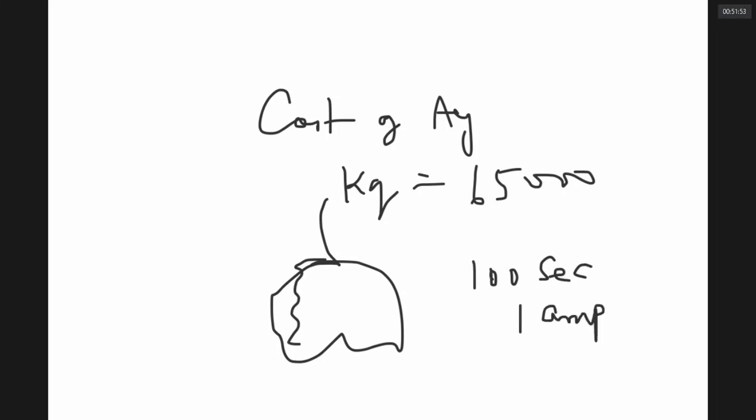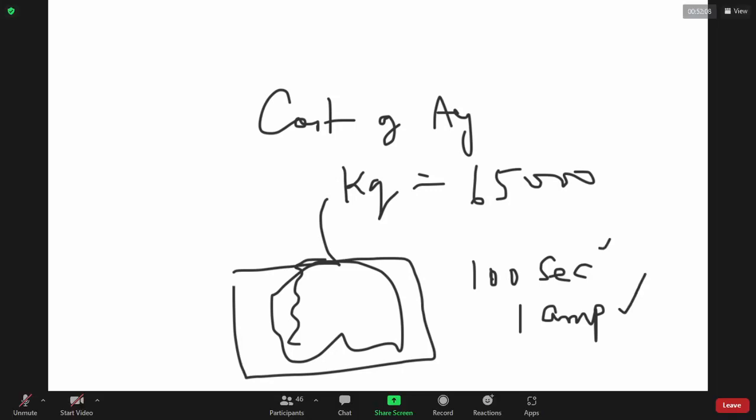What is the cost of silver you deposited? Don't worry about the volume of the article. You pass a current for 100 seconds, 1 ampere. What is the cost of silver you deposit?